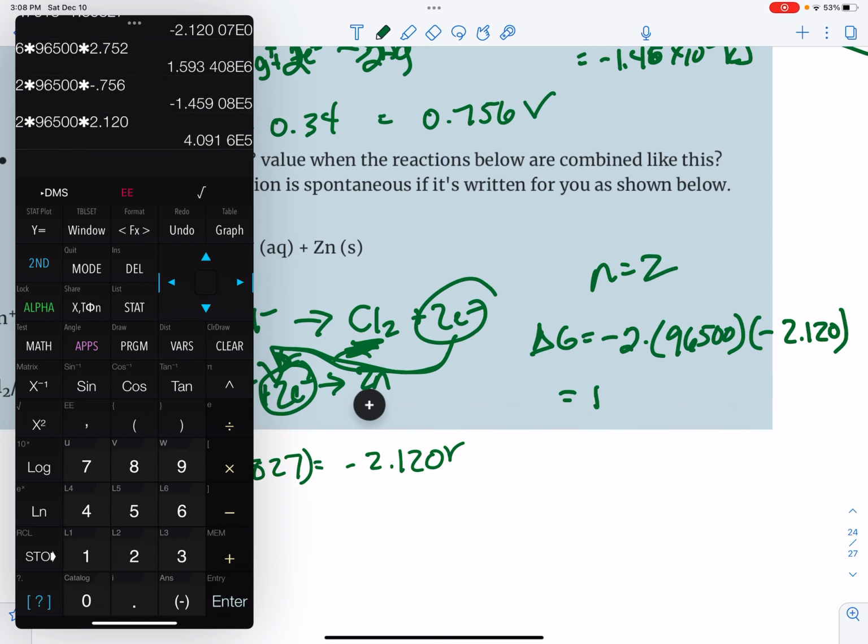Notice that I have two negatives in here, so this one is going to be positive. 4.092 times 10 to the 5th. Again, that's joules. If I had wanted it in kilojoules, divided by 1,000.